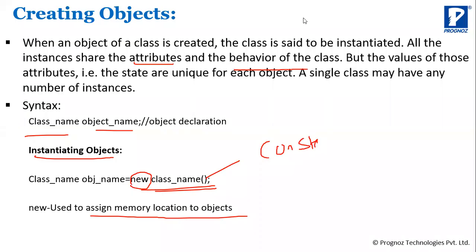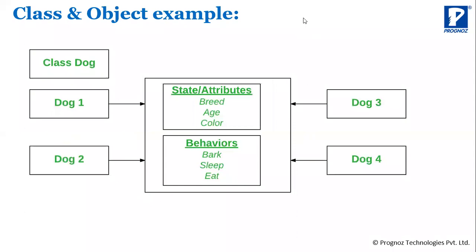So we saw how to create the object of the class. If you have a class Dog, dog1 is an object, dog2 is an object. The dog1 object has attributes or state, that is breed, age, color.